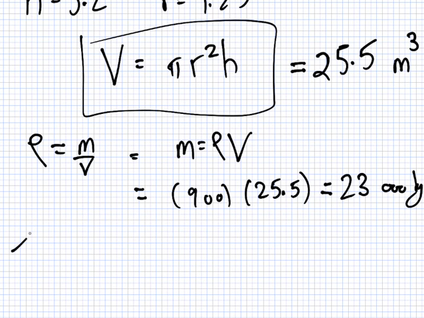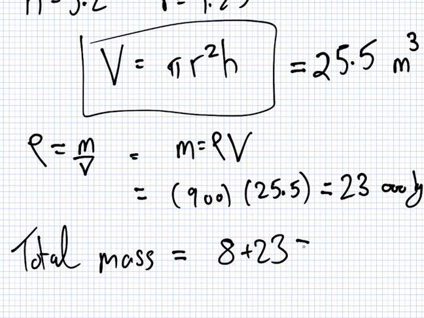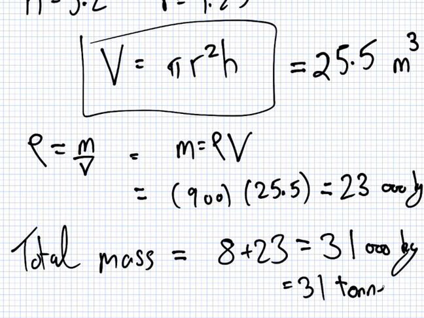Okay, so then the total mass equals, it looks a bit different though. I got 8 plus 23. Yeah. Which is 31, that's fine, 31,000 kilograms. In other words, 31 tons. So in this question they said the truck, when it doesn't have any cargo, is 8 tons.